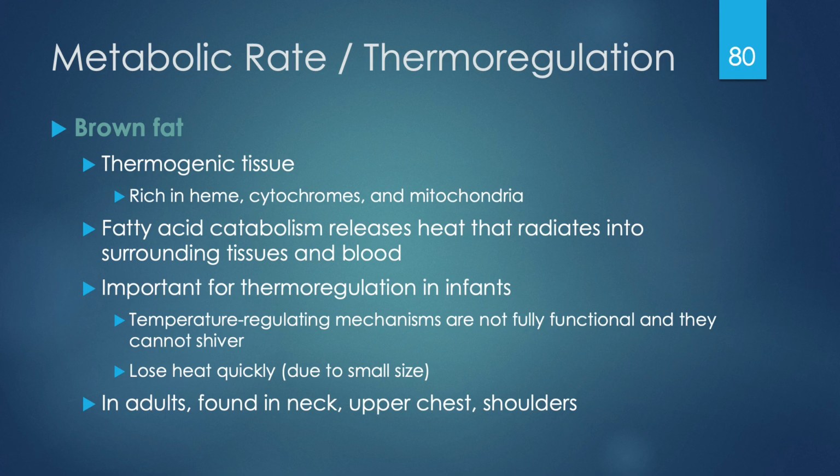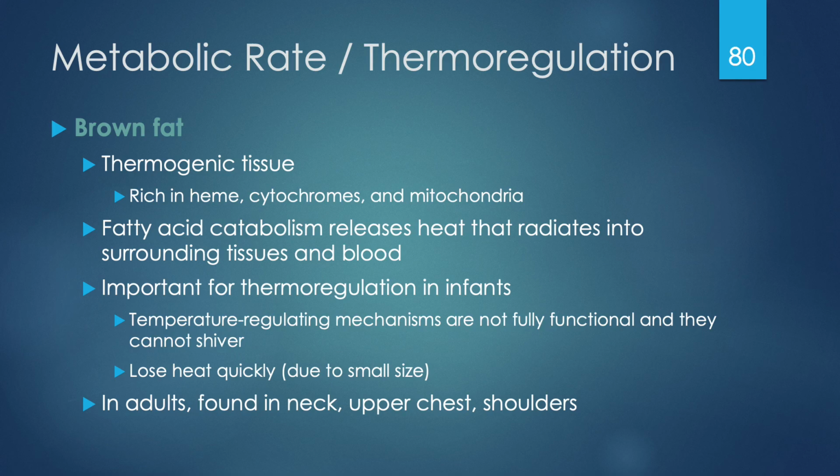So it is rich in heme, cytochromes, and also mitochondria. And those mitochondria, of course, are very important because as the powerhouse of the cell, mitochondria are responsible for creating ATP. So having cells that have a lot of mitochondria means they can generate a lot of energy. Fatty acid catabolism is going to release heat, and that radiates into the surrounding tissues and into the blood.